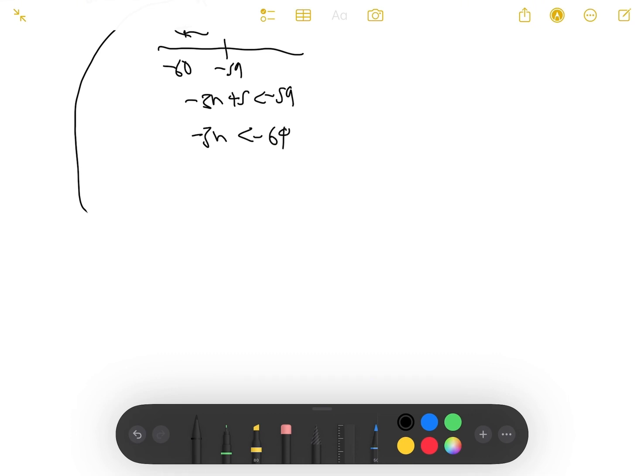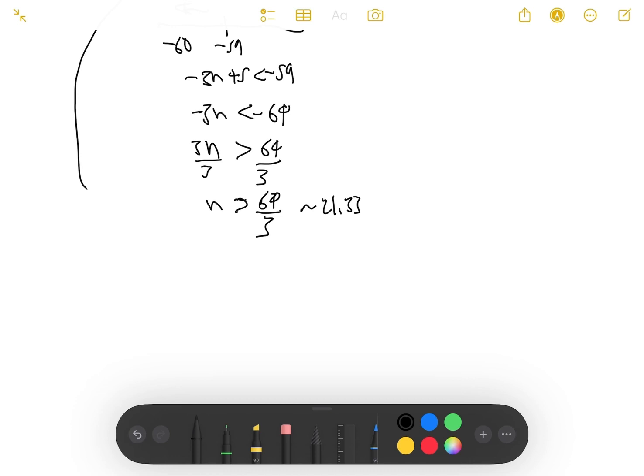Then divide both sides by negative 3, and you get n being greater than 64 over 3, the inequality sign changes, right? What is 64 over 3? It is roughly 21.33, right?